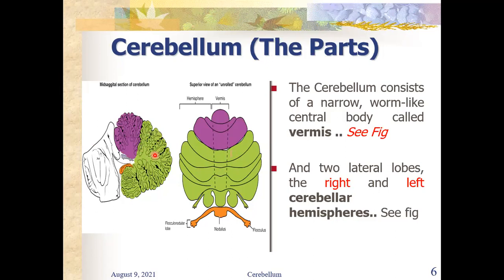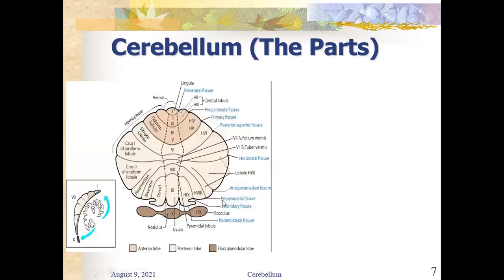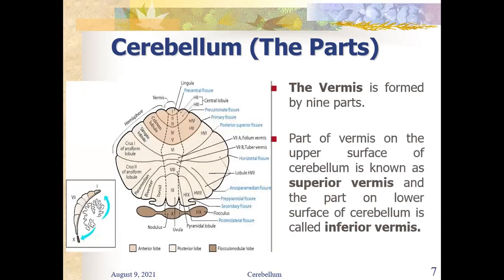You can see the left and the right lobes of the cerebellum, and in between is the vermis. The vermis is divided into 9 parts anatomically. We shall not go into details of the division of the vermis.